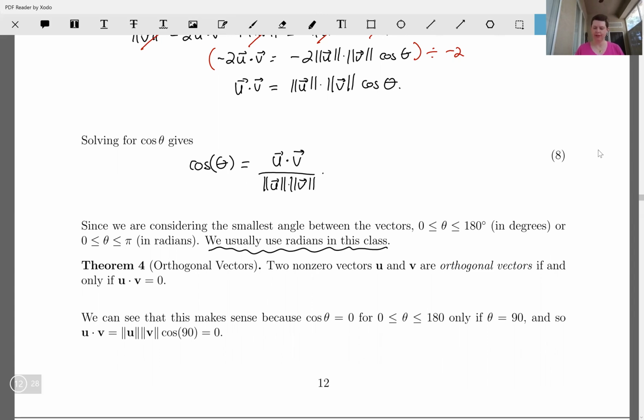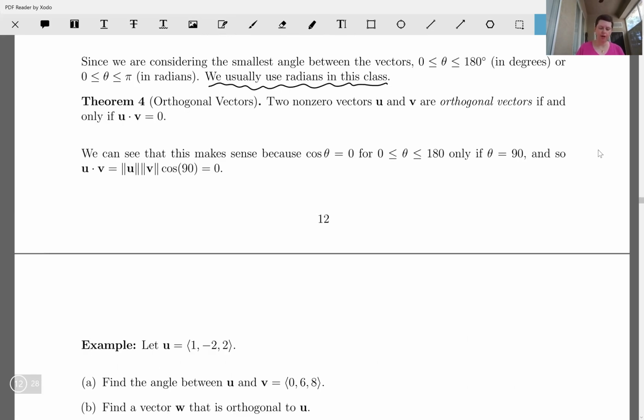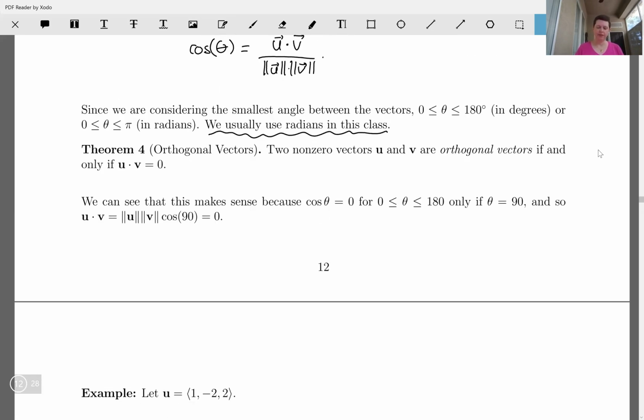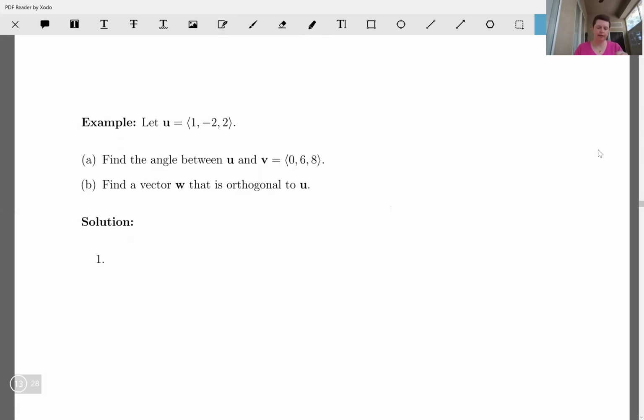And so, boom, that means that the dot product is going to be 0. So if the dot product is 0, that means that the vectors are orthogonal. Okay, let's go. Apparently that says 1 instead of A because, well, I'm not perfect.